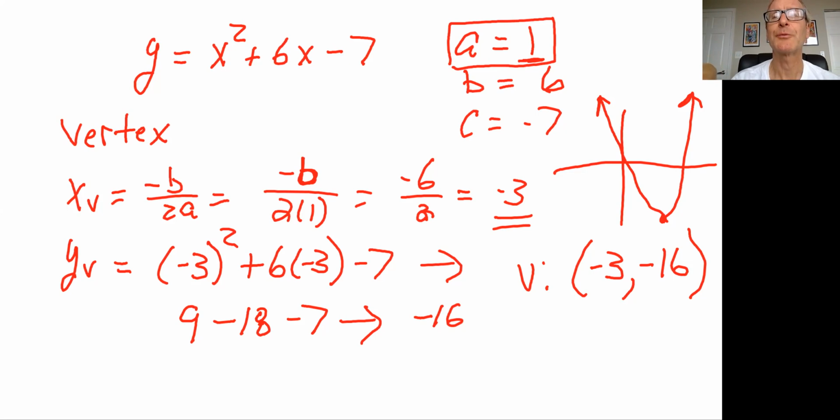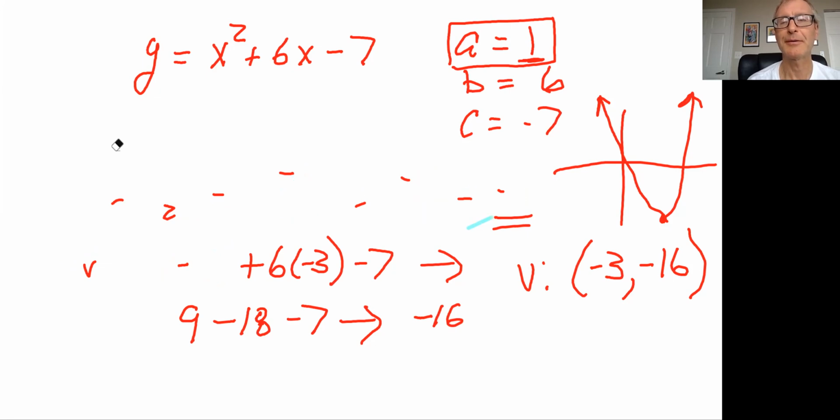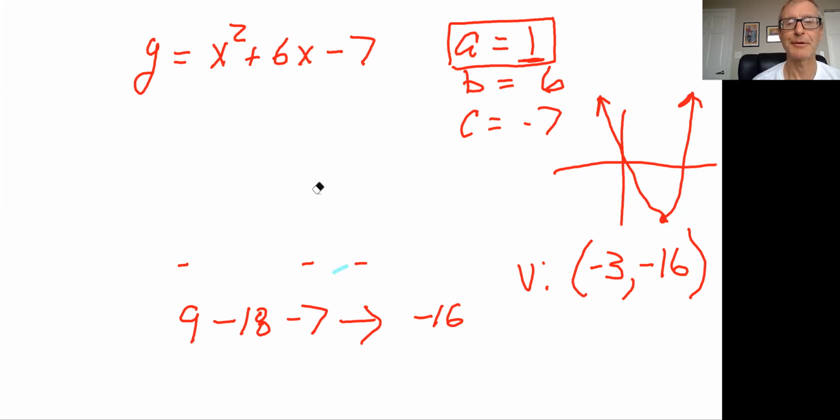So while I have this equation up here, it would be good to walk through a nice review of some things that we already know, right? So what were some other things that we talked about? Well, we talked about x-intercepts and y-intercepts, right? Well, the y-intercept is the easy one, right? What is the y-intercept?